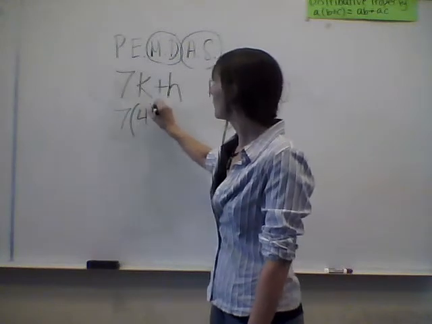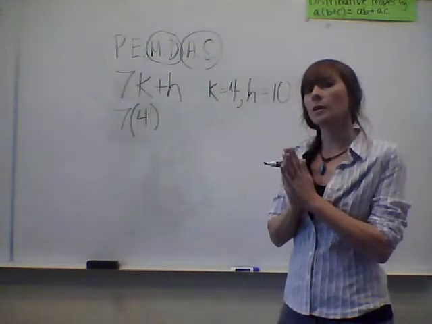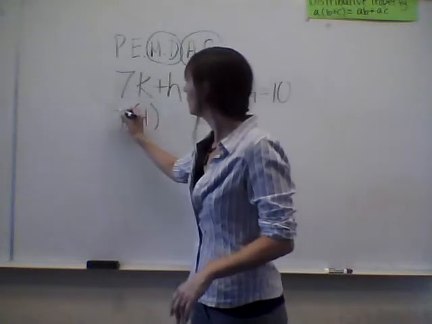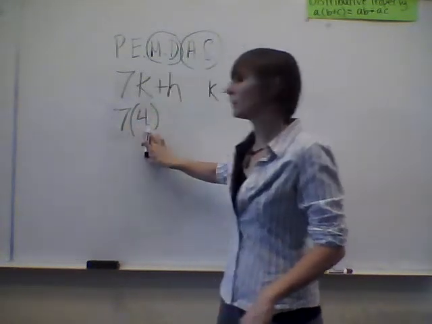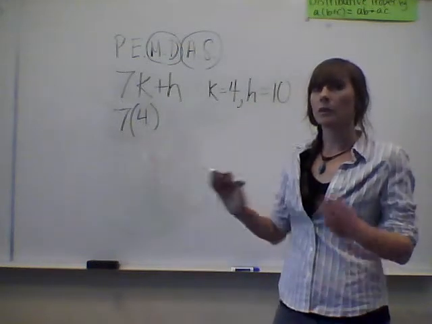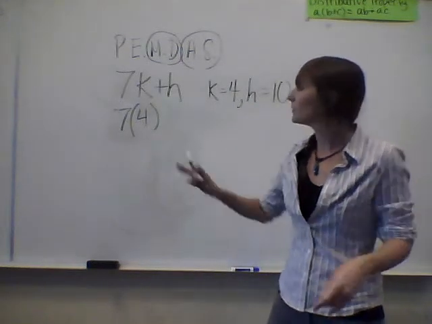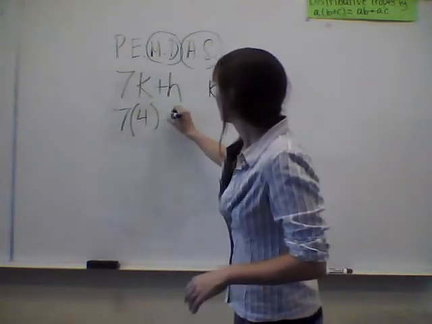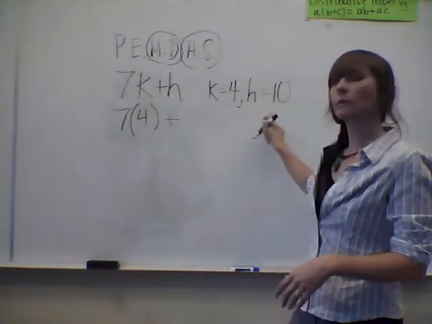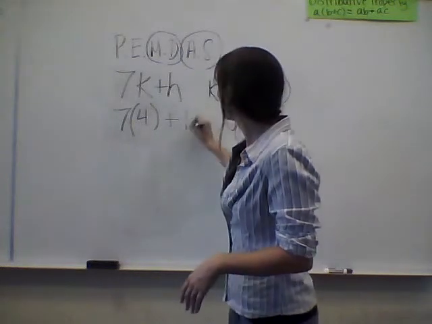It's really important that you remember that. So we're going to put the 4 in parentheses. Because remember, if a number is right next to a set of parentheses, it means that you're multiplying that number by whatever's inside the parentheses. And you may have to evaluate something inside of parentheses before you multiply by the number on the outside. Okay. Plus h equals 10. So you're going to plug in that 10.